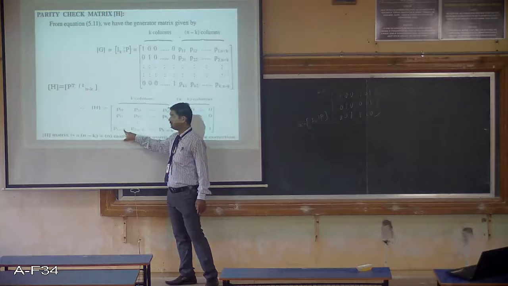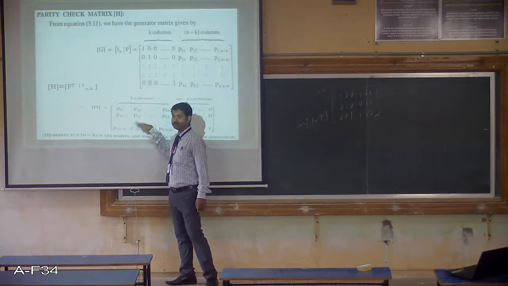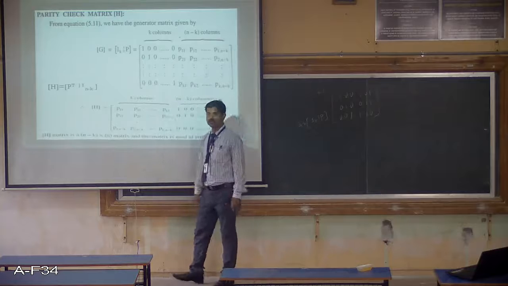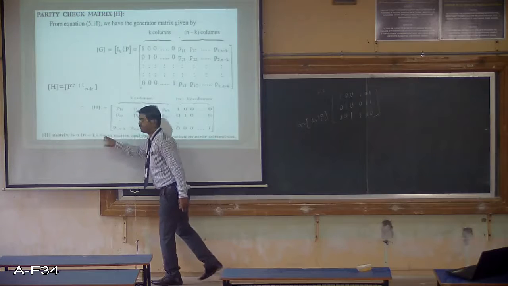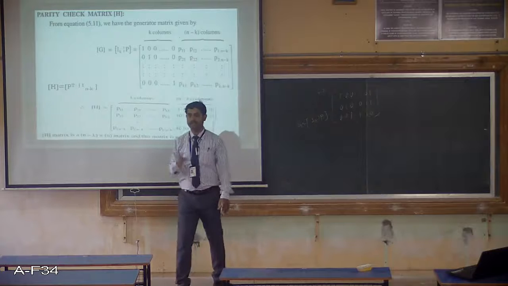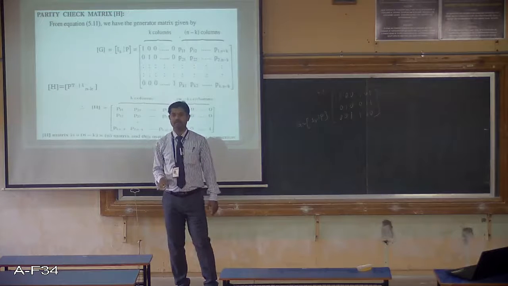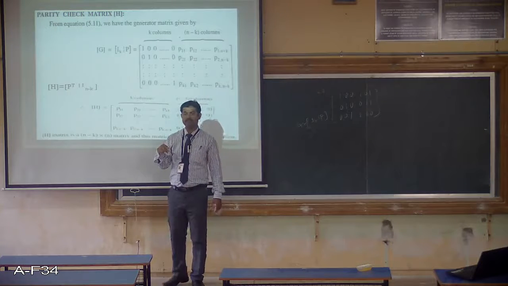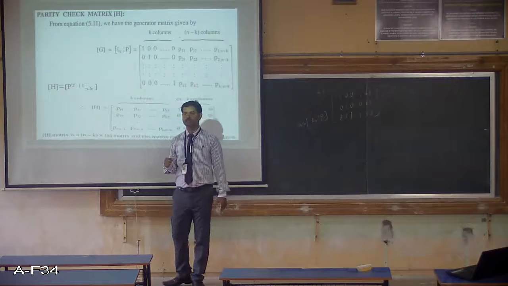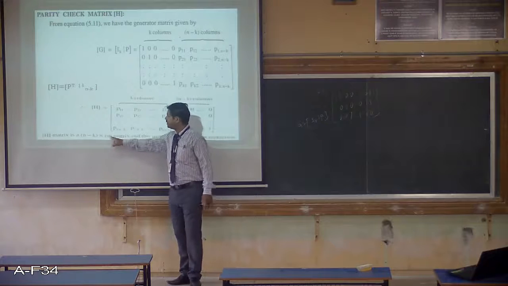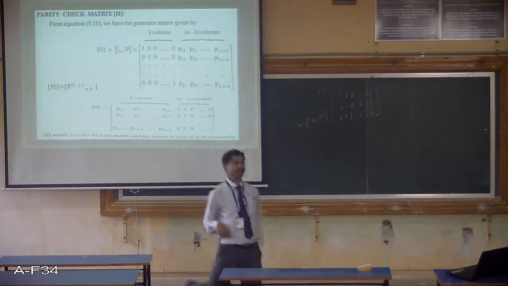Like that, n minus K number of rows. How many columns? As usual, n. Total columns is n. So it is an n minus K into n matrix. Whereas your G is K into n.